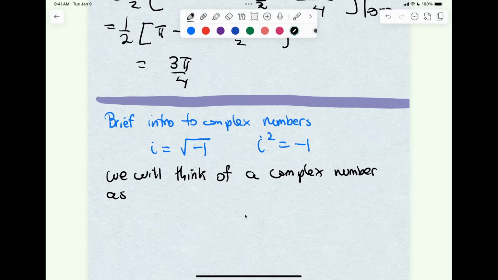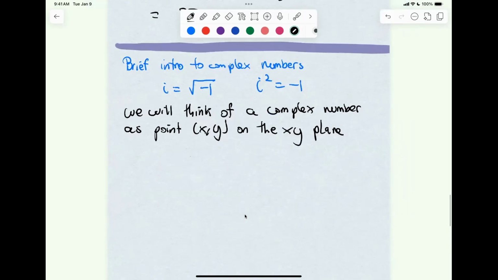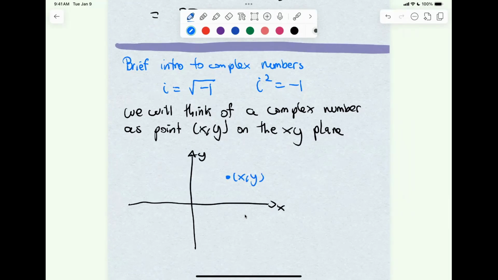As a point x comma y on the xy plane. So I have a point xy, and I'm going to say, okay, I'm calling that a complex number.